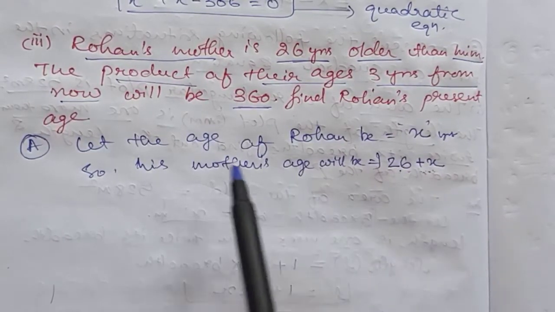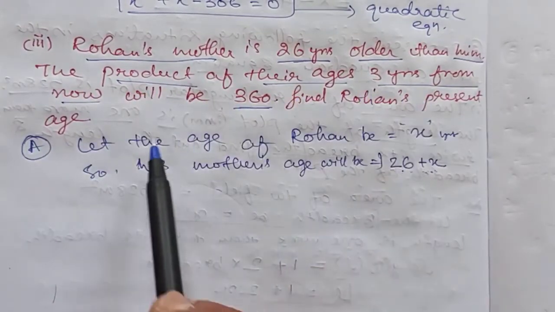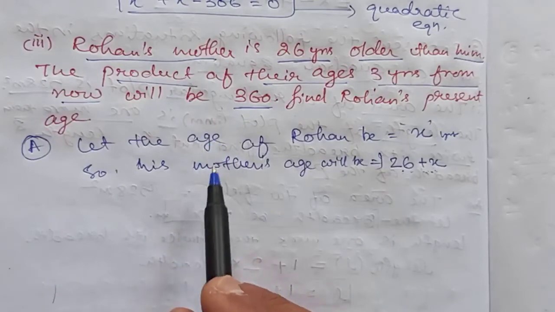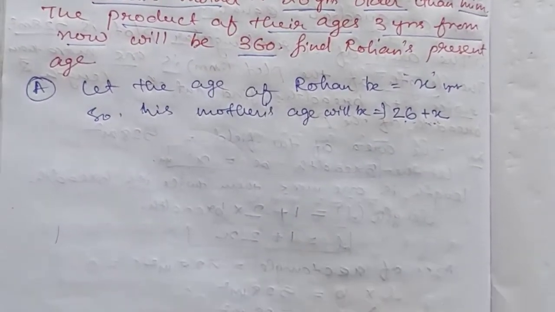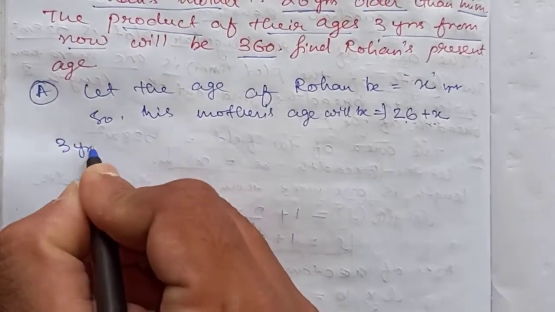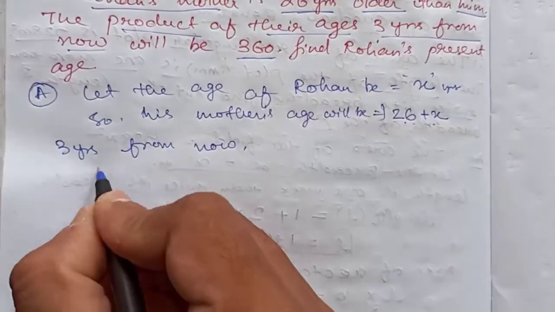Okay, now it is given the product of their ages 3 years from now. So first of all we have to find out what their ages will be 3 years from now.